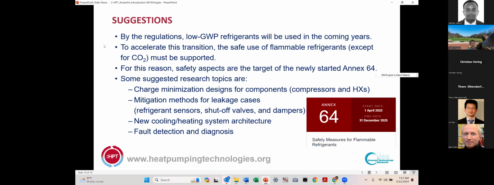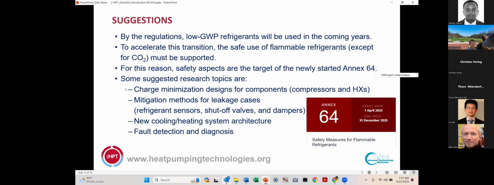Some suggestions are, by the regulations, low global warming potential refrigerant will be used in the coming years. To accelerate these transitions, the safe use of flammable refrigerant, except for CO2, must be supported. With this, safety aspects are the main target of the new study Annex 64, led by Professor Bejan Palm.